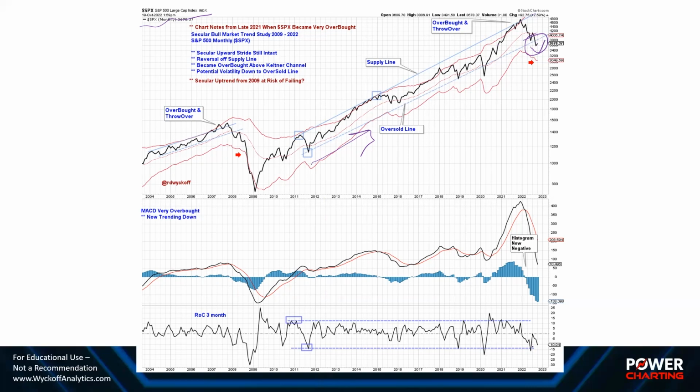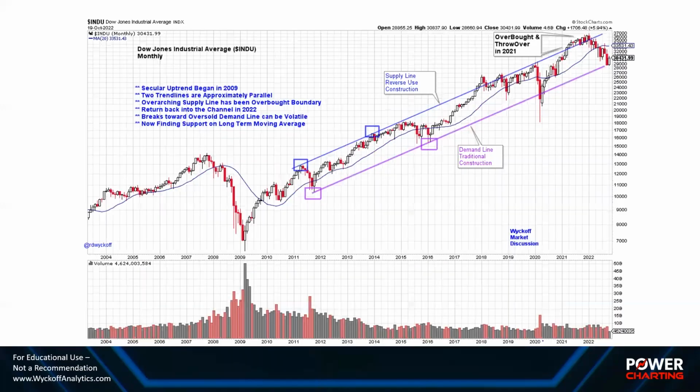Interestingly, and I just want to point this out, lower low in the S&P here, higher low in this 3-month rate of change, and also from an oversold condition. And so that's something for us to keep an eye on, whether or not that could give us some kind of a relief rally in this ongoing bear market that we've been in.